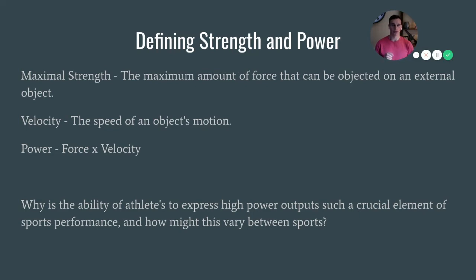The key thing to focus on when we're talking about high power is the force and the velocity. Just to carry on with the sprinter analogy: if you're a high level sprinter, or just a sprinter at all, what you need to make sure you're doing is applying the maximum amount of force you can in a very short time frame.